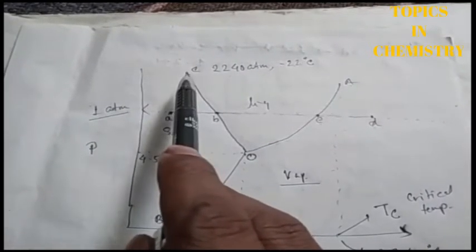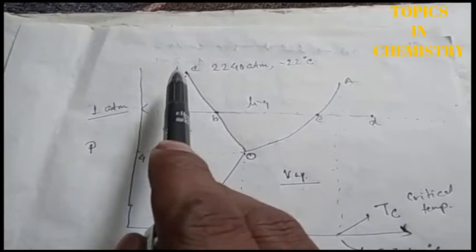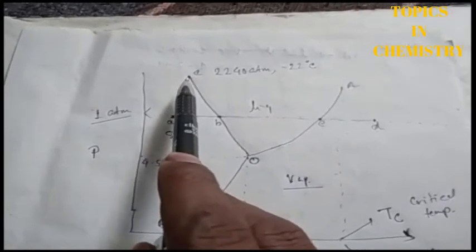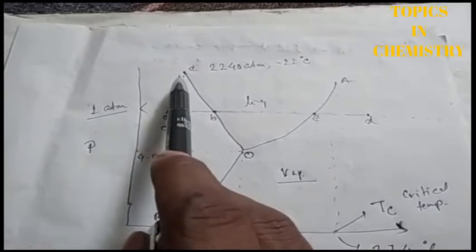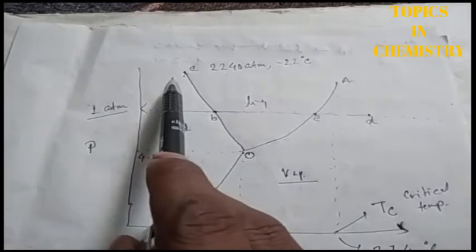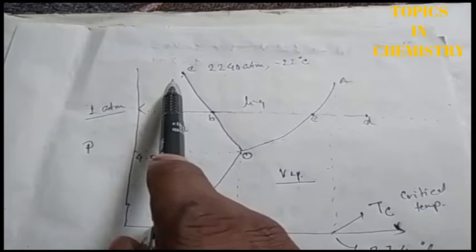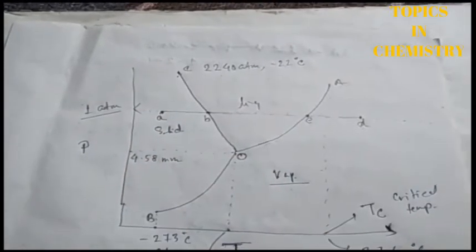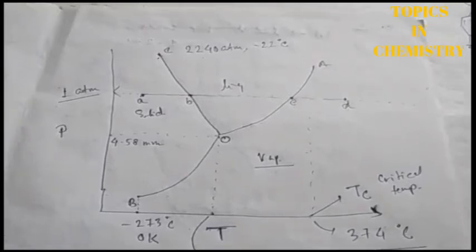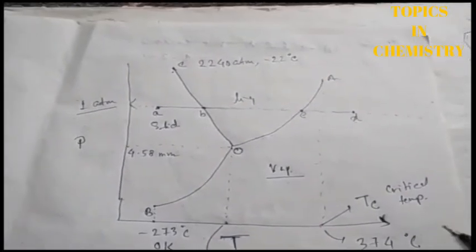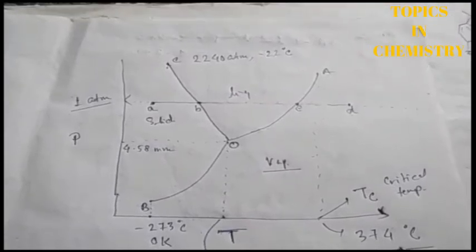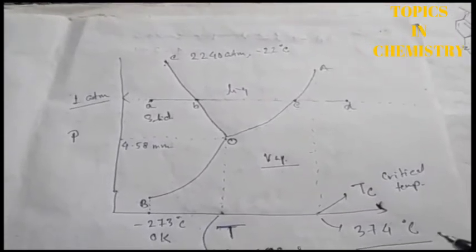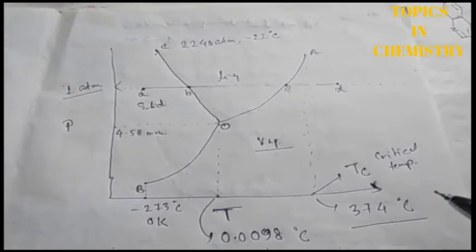It has been observed that we obtain different forms of ice having different densities and different crystal structures after point C. Almost 7 types of ice are possible: ice 1, ice 2, ice 3, ice 4, ice 5, ice 6, ice 7.